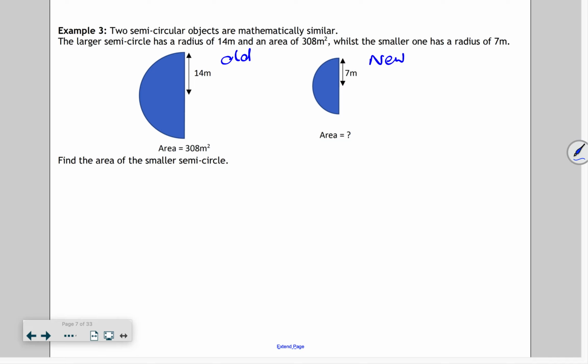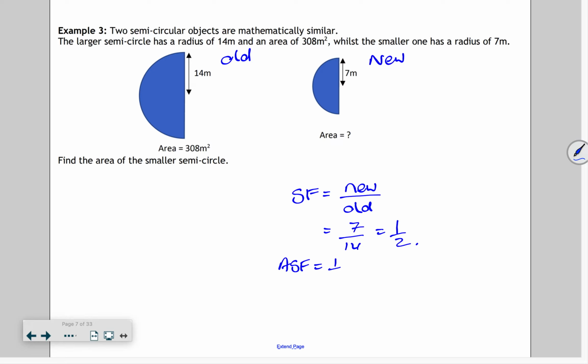So start off with your normal linear scale factor. The scale factor is going to be new over old. So that's just going to be 7 over 14, which gives us a half. Because I'm dealing with areas, what I need to then do is square my scale factor. So I'll call it ASF, area scale factor.